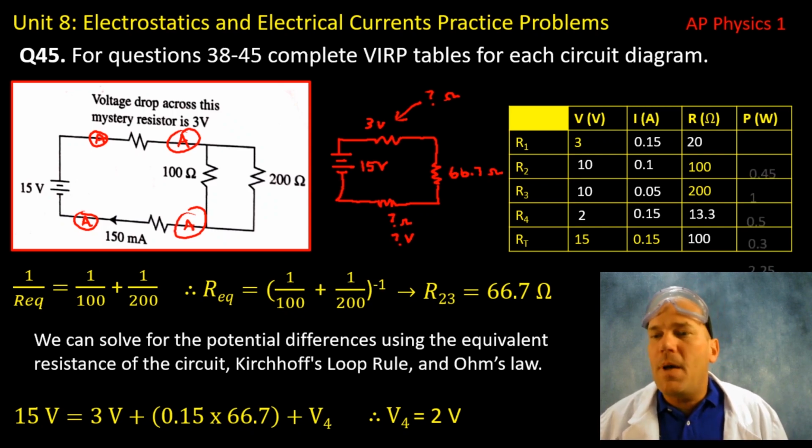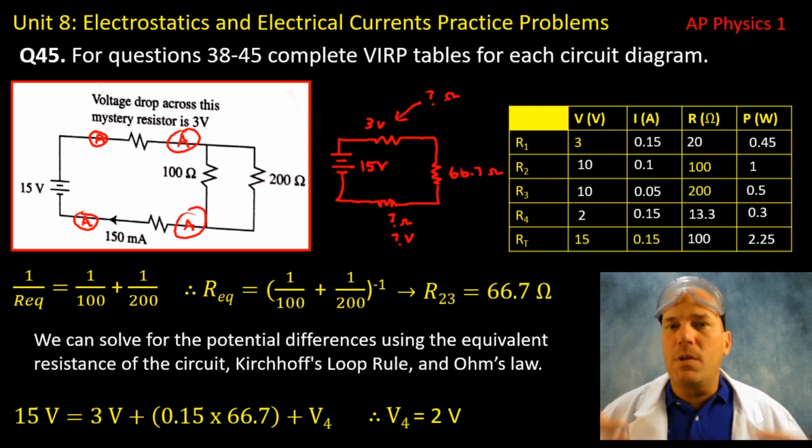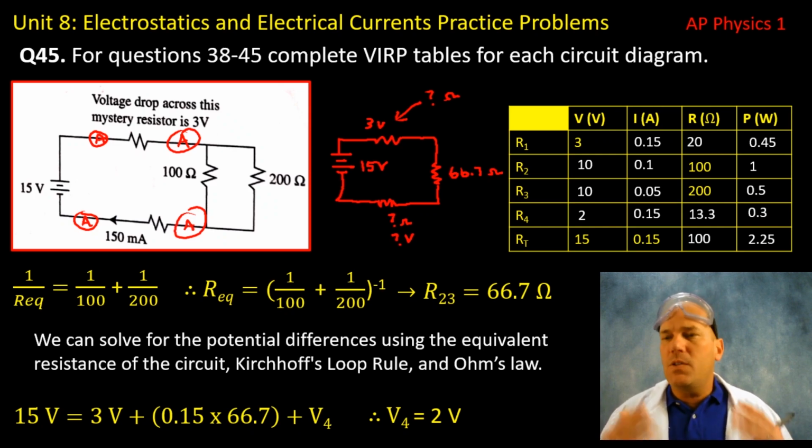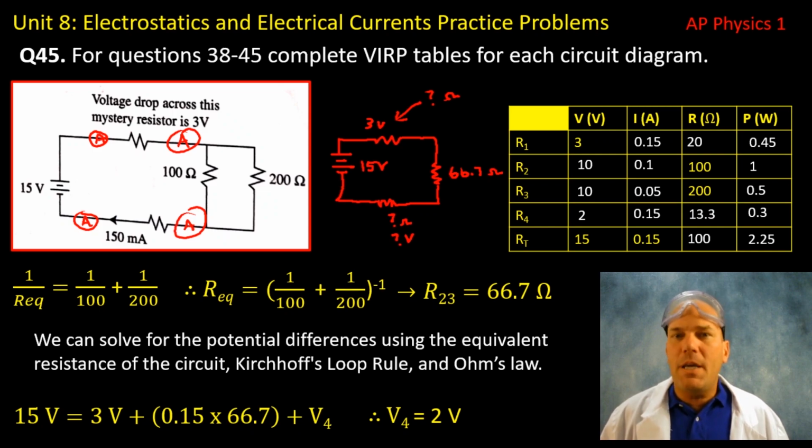Let's calculate the power here and wrap this up. The power will all add up to the total power of 2.25 watts, and that completes this VERP table. It also completes this problem set. So I will see you guys in class.